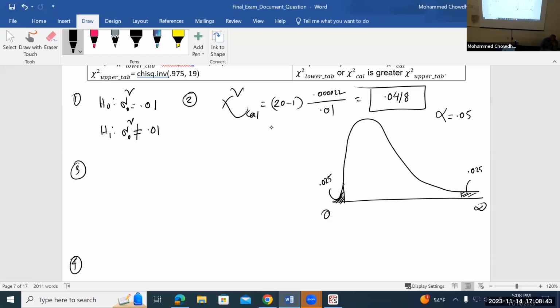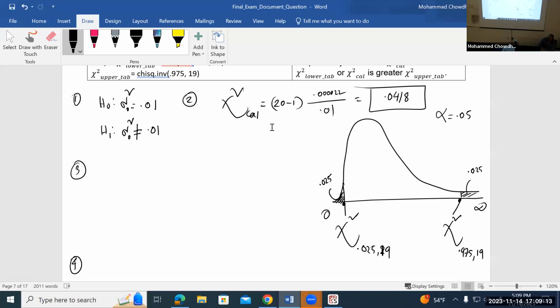Okay. Now I have to find this value, chi-square 0.025, and degrees of freedom is 20 minus 1, which is equal to 19. I have to find this value, which is chi-square 0.975, and then this is equal to 19. These are the two values I have to find.